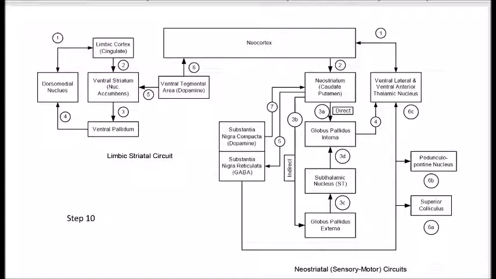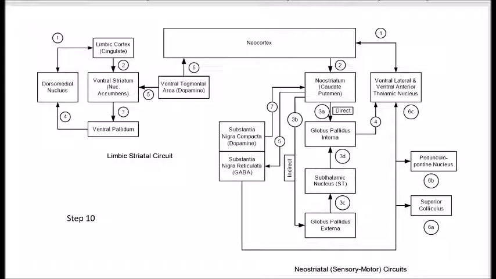Well, let's walk through the right side of the diagram, which is the neostriatal or sensory motor circuits of the basal ganglia. So let's imagine at rest, or when some ongoing motor activity is being executed, this circuit is quiet. It's only needed when we initiate a new movement.